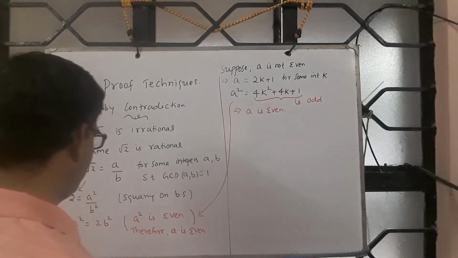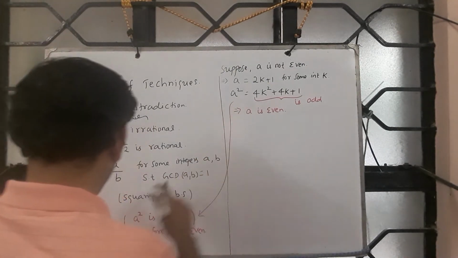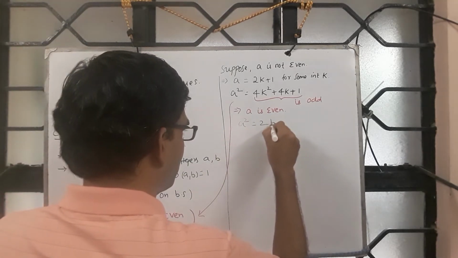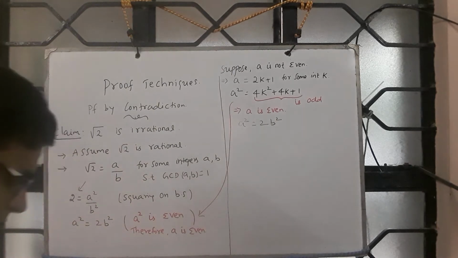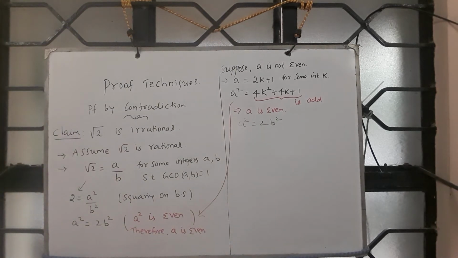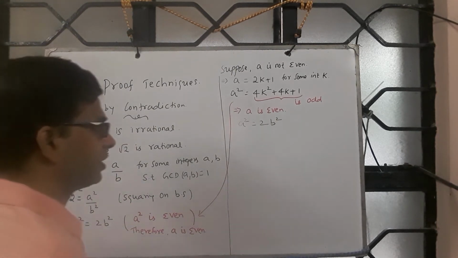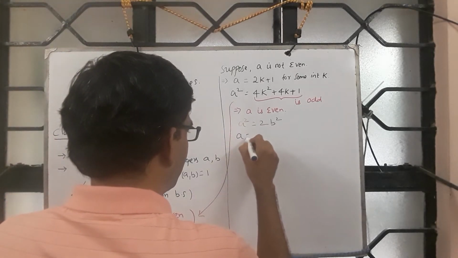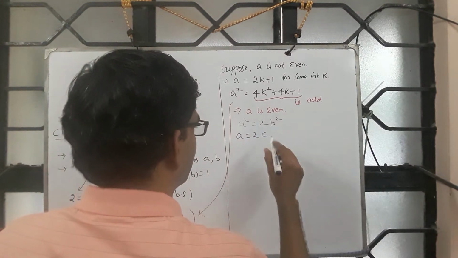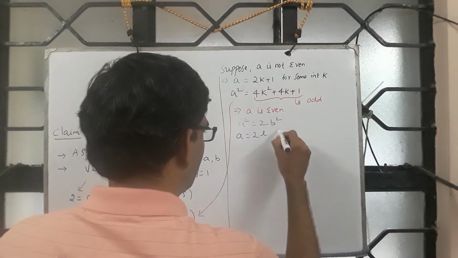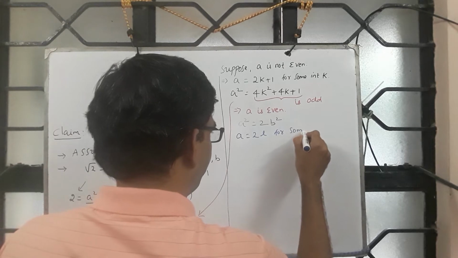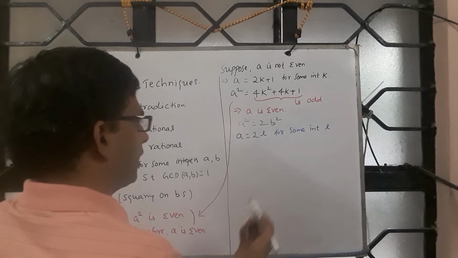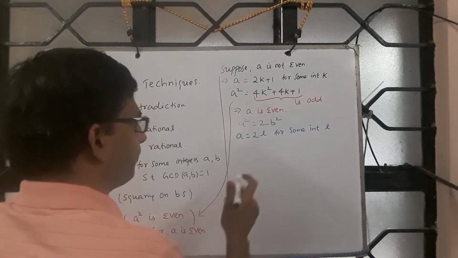Now a is even. Now look at this equation: a square is equal to 2b square. If you substitute, since a is even, a equals, say, 2l for some integer l greater than or equal to 0.